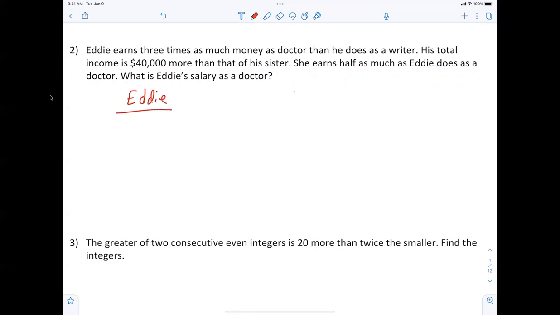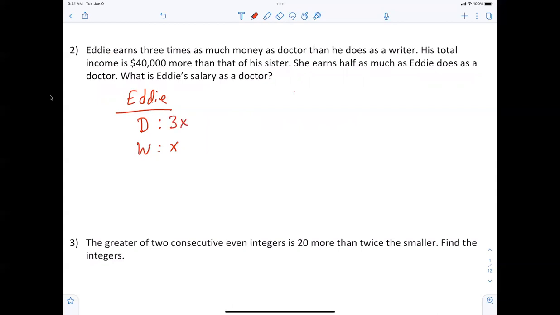And Eddie can either be a what? A doctor or a writer. He earns 3 times as much money as a doctor as he does as a writer. So what do we got for variables now? Writer is X and doctor is 3X.